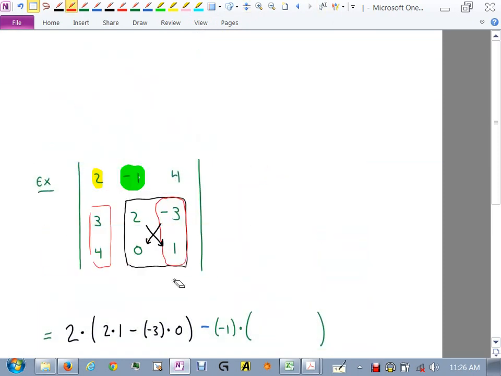So I'm going to put the minus negative 1 down, cover that up, and then here's the 2 by 2 matrix I'm doing the determinant of, right? So what's that determinant going to be? 3 times 1 minus negative 3 times 4.